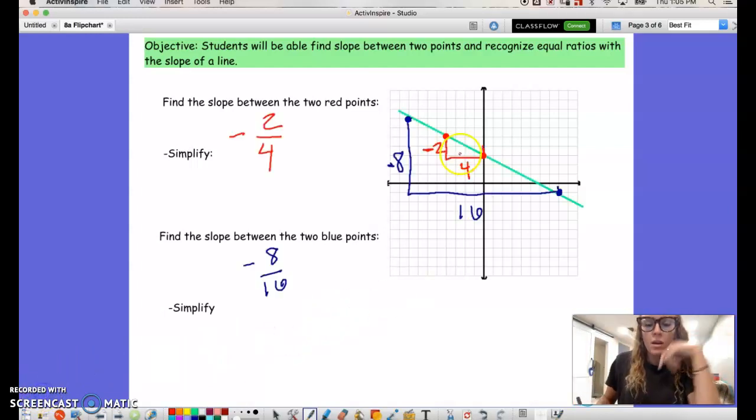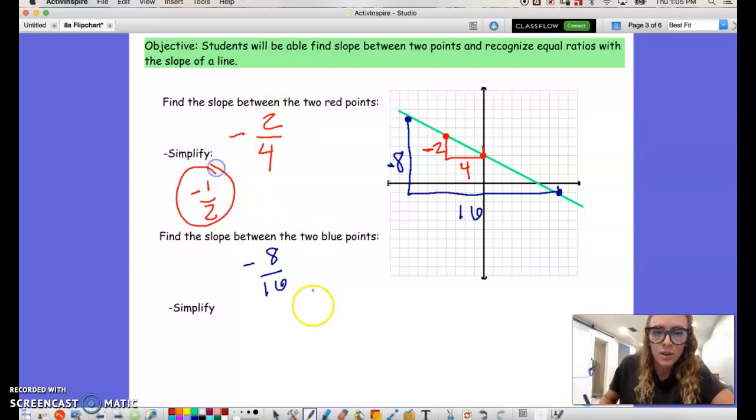Okay. All right, so as you can see here, I always try to go from left to right, which means that I go rise first, right? So up or down first. So for my red one here, I went down 2, which signifies a -2, and then I went right 4. So my slope here is -2 over 4. That simplified is -1/2. For my blue one, I have down 8 and to the right 16.